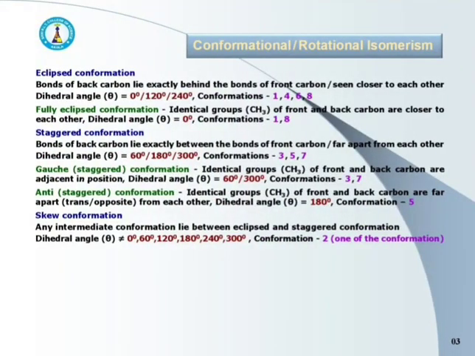Next to this is the skew conformation. A skew conformation is any intermediate conformation lying between eclipse and staggered conformations. Skew conformations have dihedral angle theta with a value other than 0, 60, 120, 180, 240 or 300 degree.